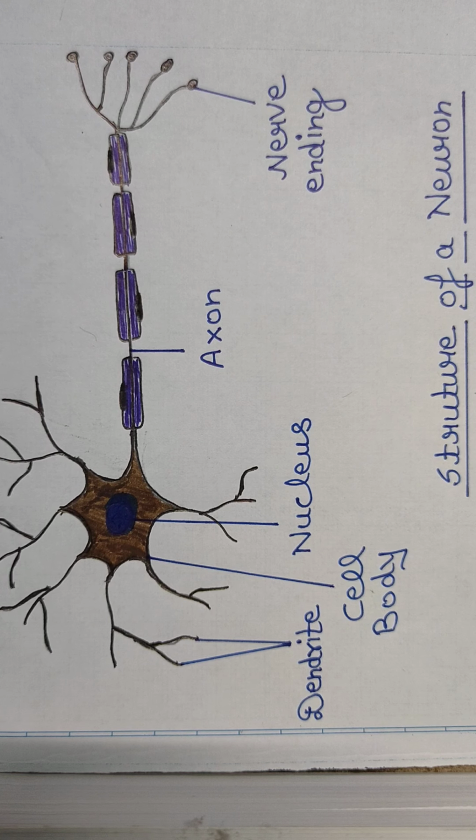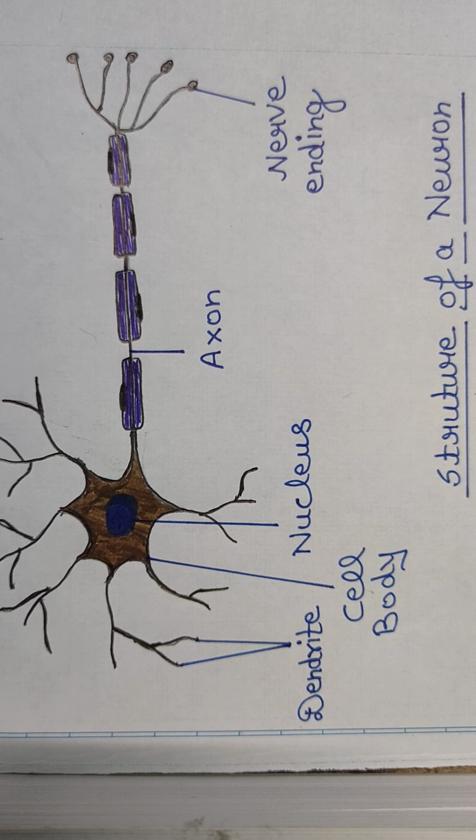Now we are discussing how this neuron functions, which is present in our brain or the spinal cord. As we all know, all cells have the ability to respond to stimuli, that is, the changes that occur in the environment or in the surroundings are called the stimuli.